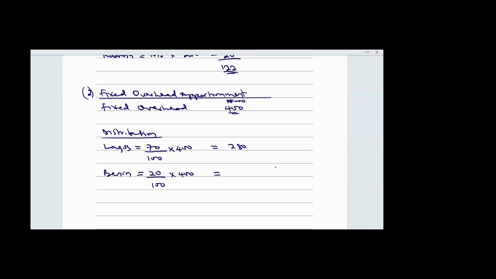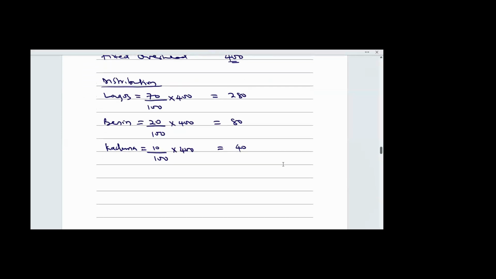This will give us 80. Then for Kaduna, 10,000 units over 100,000 multiplied by 400,000. This will give us 40. When you add it up, that will give you 400,000.